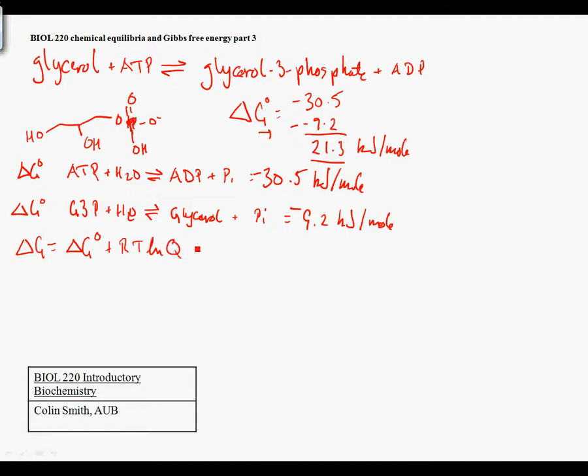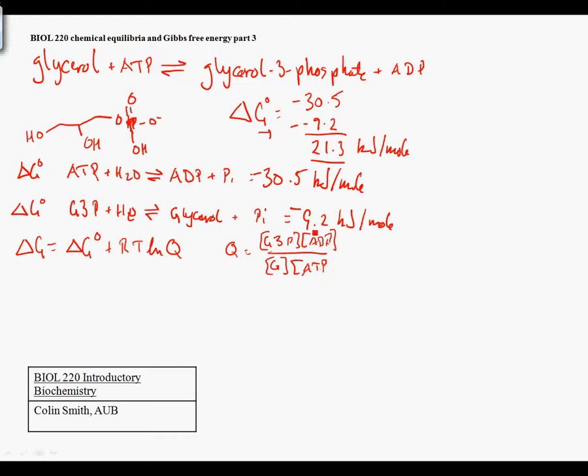natural log of the reaction quotient, where the reaction quotient is going to be equal to the product of the products divided by the product of the reactants. So that's glycerol 3-phosphate and ADP divided by the product of glycerol, which I will use to say G, and ATP.